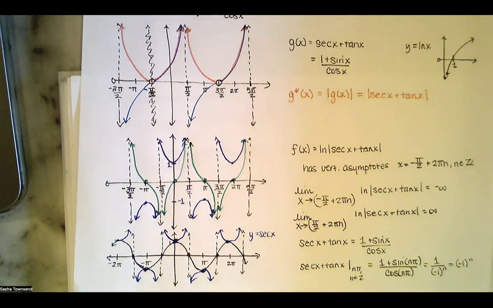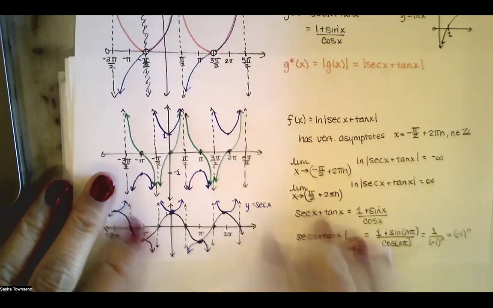And you say, okay, well, what about the second derivative? What if I took the derivative again? Well, if I took the derivative again, the derivative of secant of x is secant of x times tangent of x.